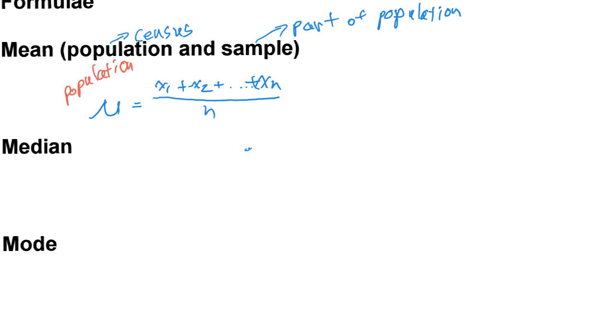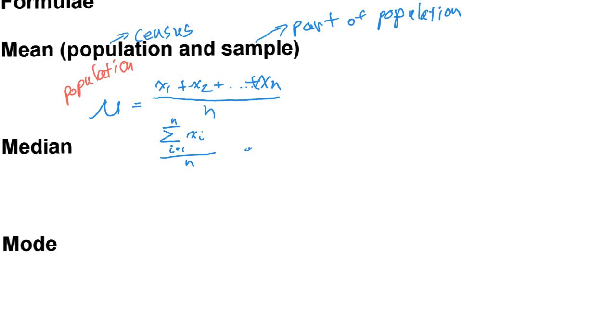Now, in math, we hate writing stuff like this, okay? This upsets us. So what we use is this thing. We call this the sigma notation. We say this is sigma of xi, where i equals 1 to n, and then we divide by n.